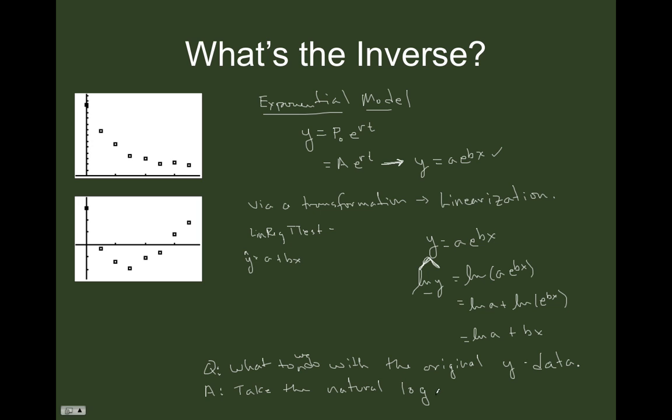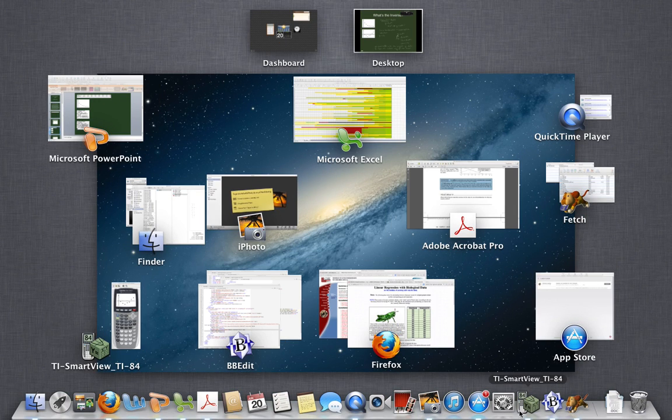Take the natural log of, I'm going to be specific, list y, which in this case is list moist. Okay, so let me show you how to do this on the calculator.